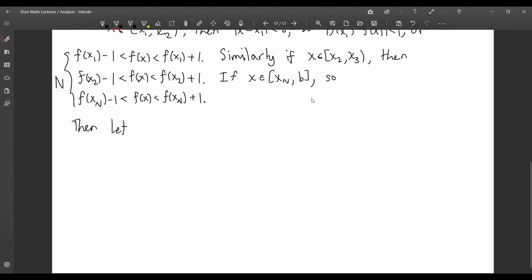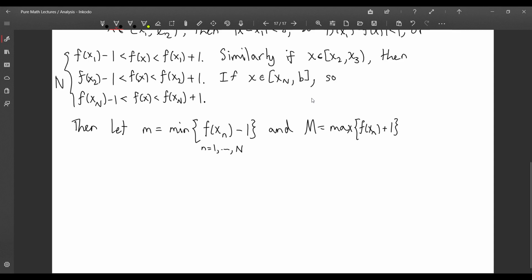So then let little m equal the minimum of all the f of x sub n minus 1. I'll just do little m since we didn't use little n, and this is going over n from 1 to big N, and let big M be the maximum of f of x sub n plus 1. Again, n is going from 1 to big N.